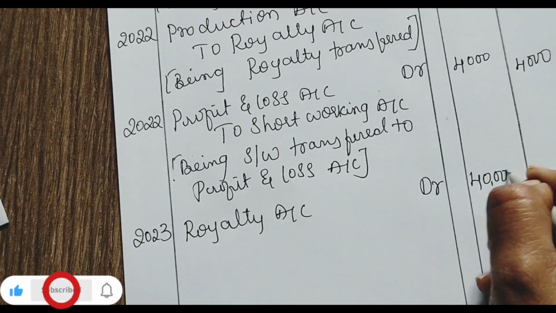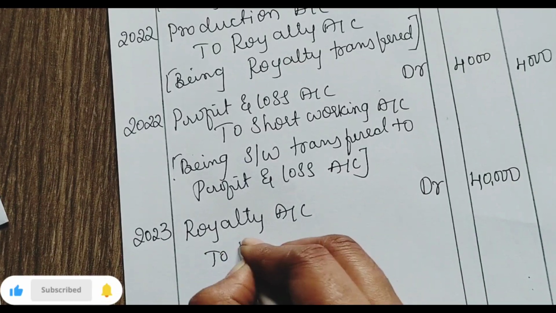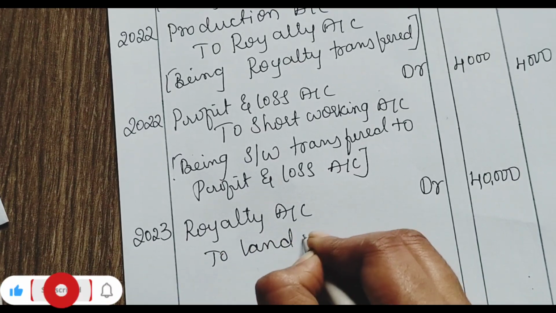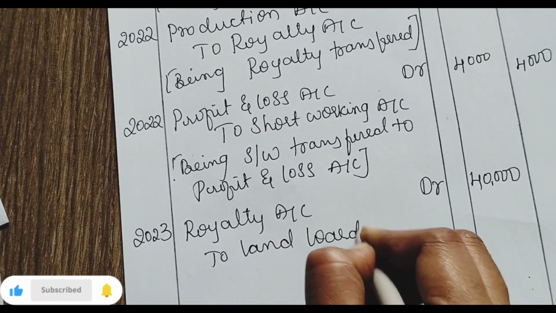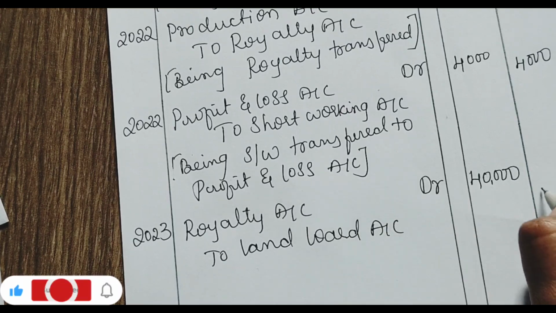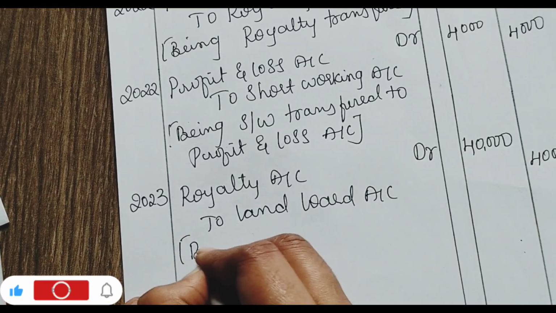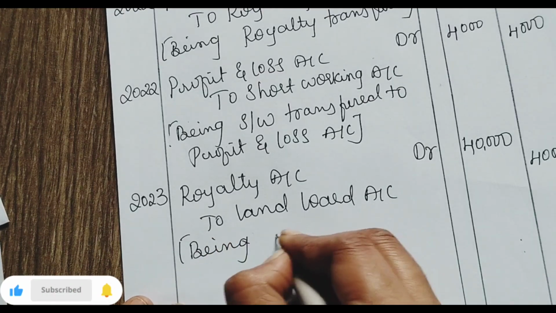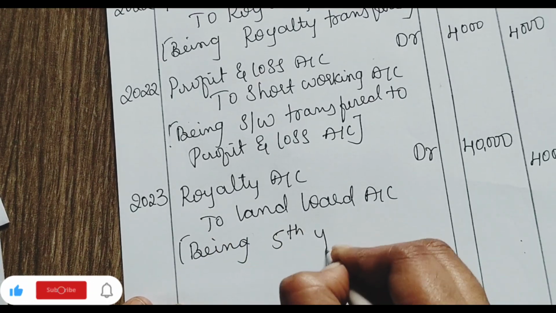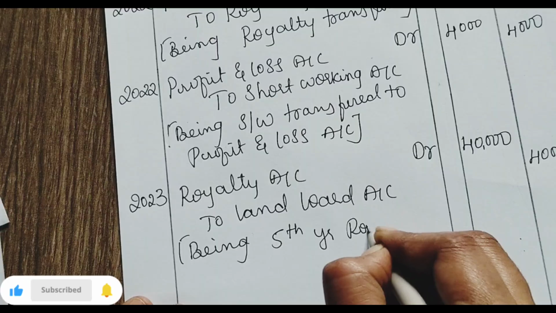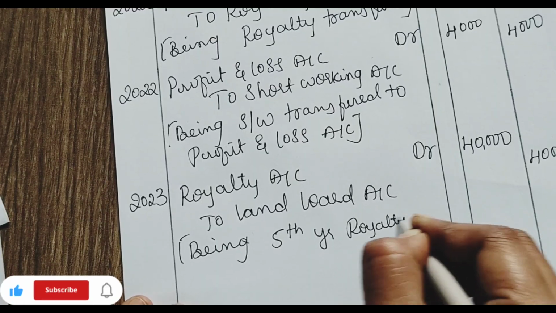So 40,000 to landlord account 40,000. Being fifth year royalty due.